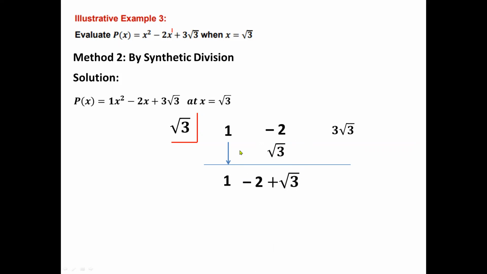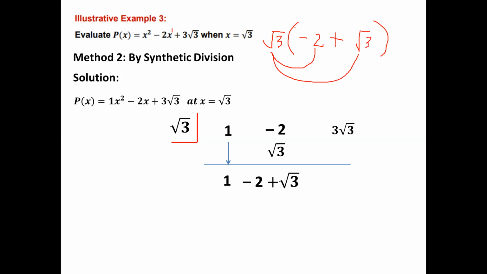And then ito, i-multiply ko naman doon. So kapag ito, minultiply ko doon, ganito ang kahantungan niya. Square root of 3 times negative 2 plus square root of 3. So ang ibig sabihin, i-distribute ko sa bawat term.